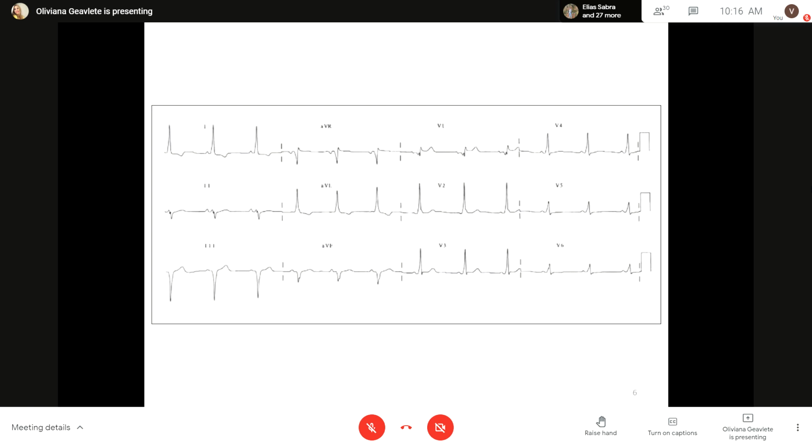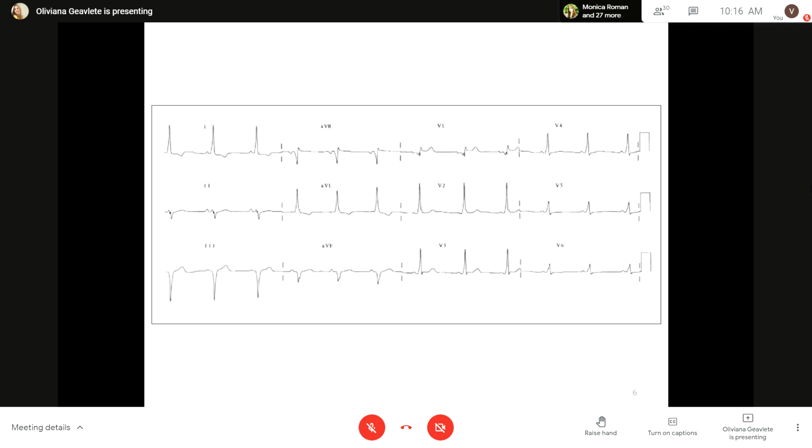Okay. PR segment. P, P, P, P, V1, a P here, biphasic, P, P, P. Okay. PR segment. It looks short. I know you don't have squares, but it rather looks short.